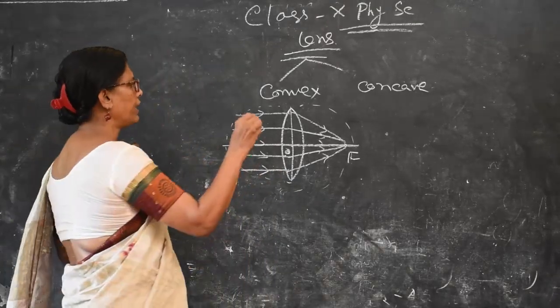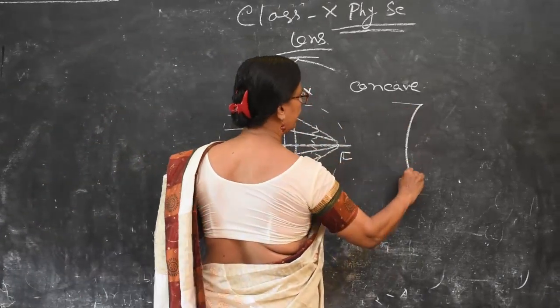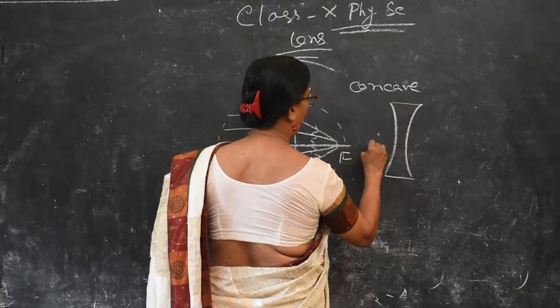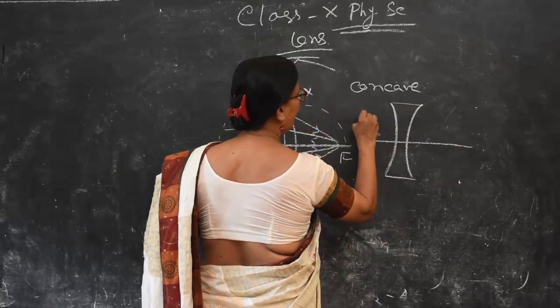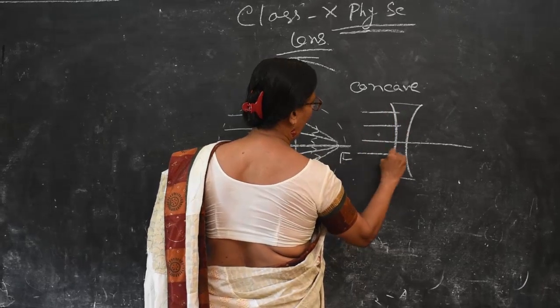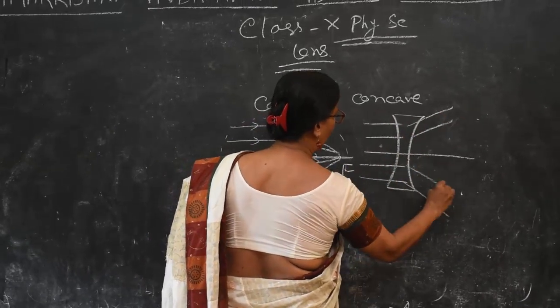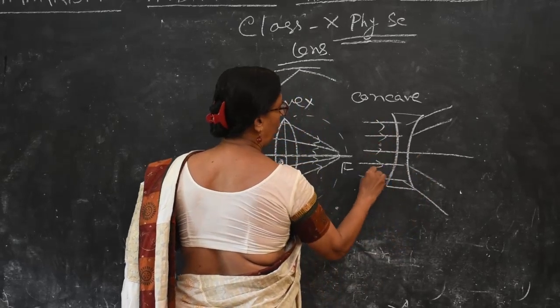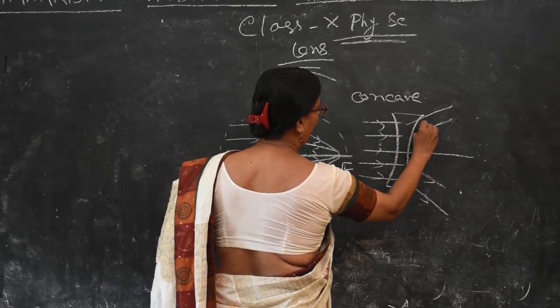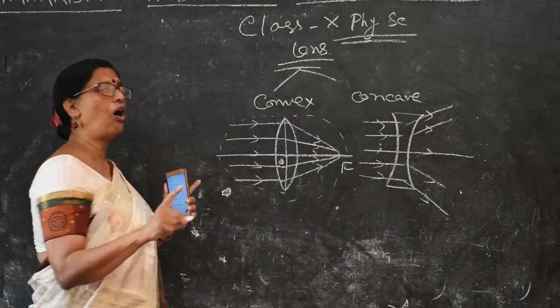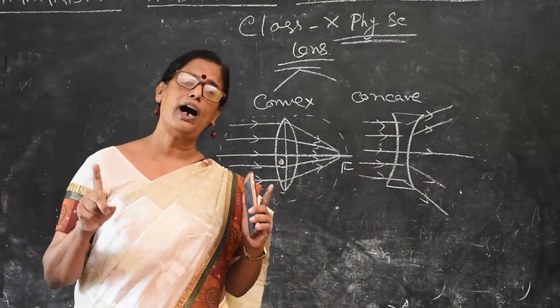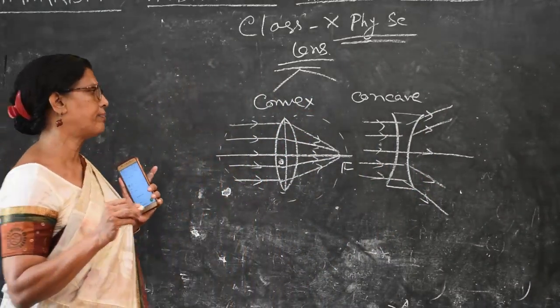Now the concave lens is like this, and here is also our principal axis. If we draw a beam of light here, it has the diverging power, so it goes like this. And girls and boys, please see this: in all optical figures, the arrowhead on the ray is very important.